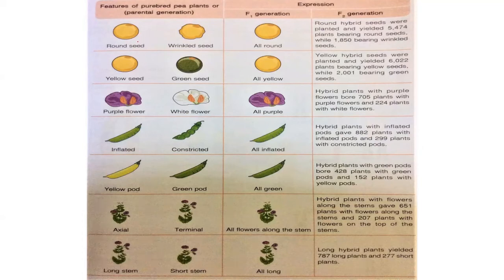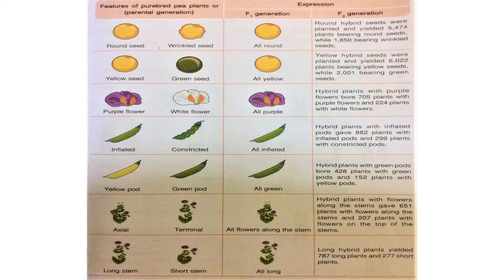For example, he combined the pea plant that has round seed and the pea plant with wrinkled seed, yellow seed versus green seed, purple and white flower, inflated versus constricted pod, yellow pod versus green pod, and so on and so forth.